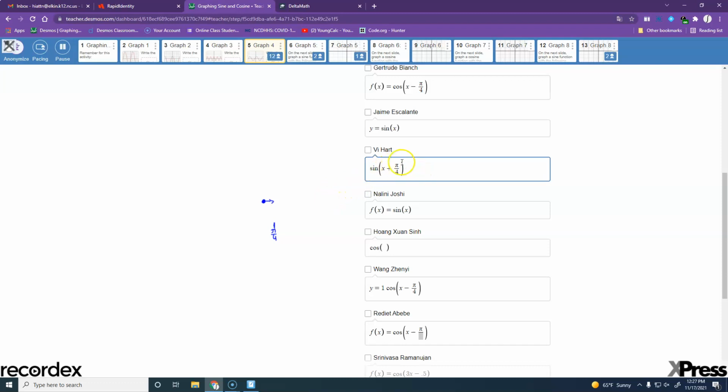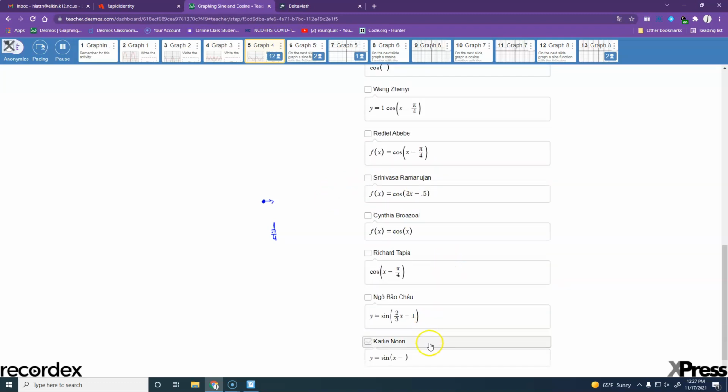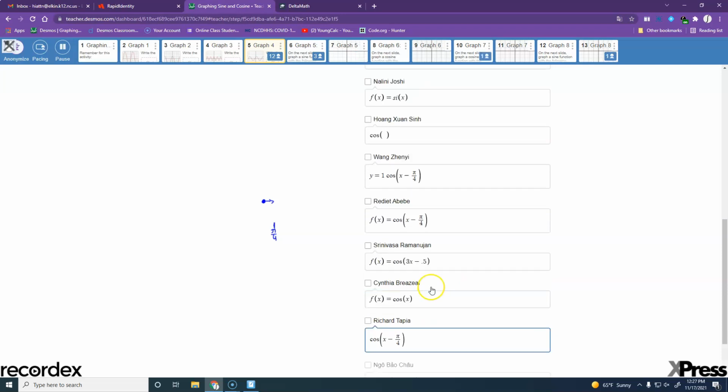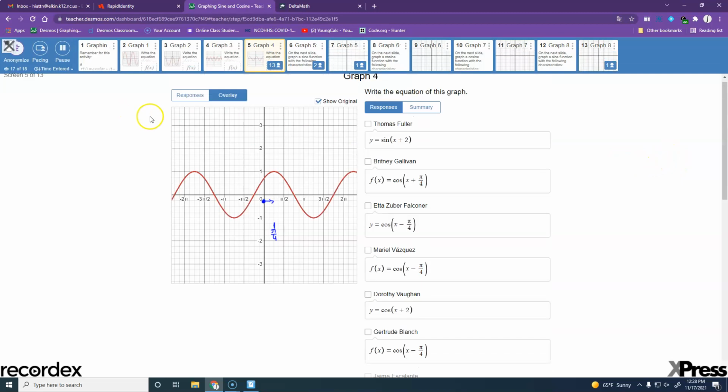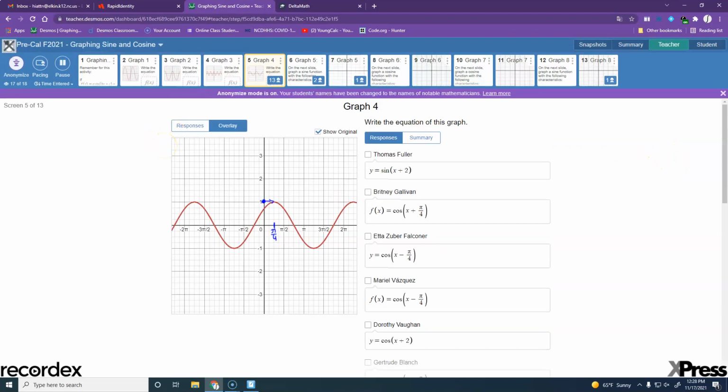So sine, here I see sine plus pi over 4. That one has 1. It looks like some of my sine, you guys are changing them. Look, Nalini, Joshi, you are changing it right now. So hold off on changing it just yet. All right, so if we use sine, one correct answer is this one right here, cosine of x minus pi over 4. If we use sine, normally sine hits the y-intercept right here, or the midline right here.